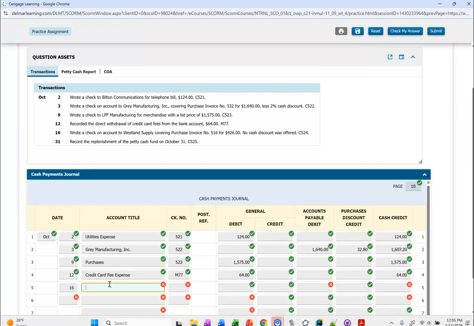So again, we're paying the person directly, so we're going to use their name. The check number was 524. And we paid that, no discount, so just straight 426.